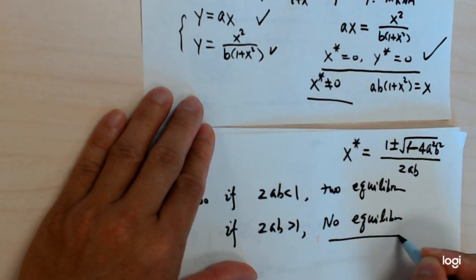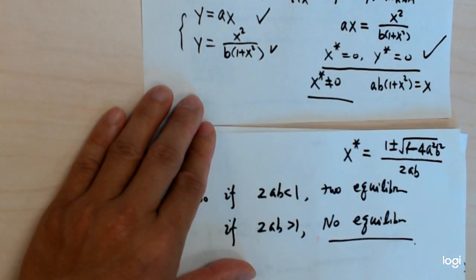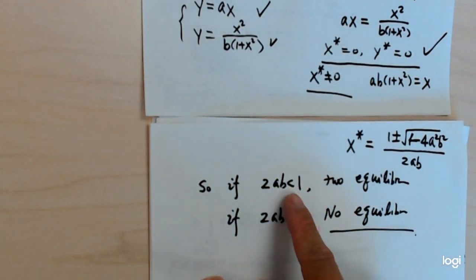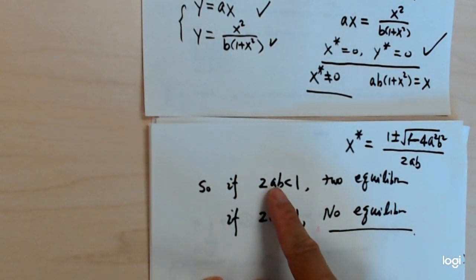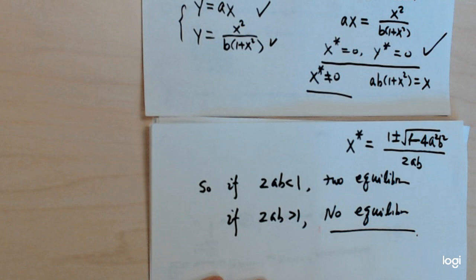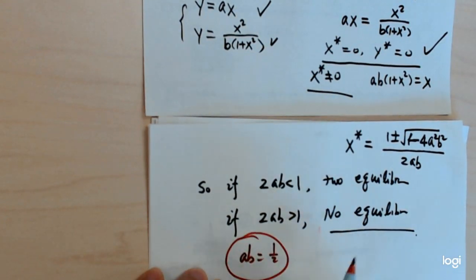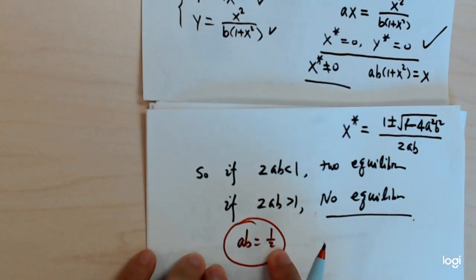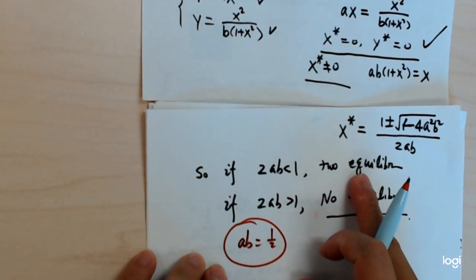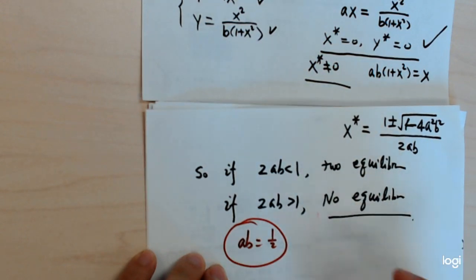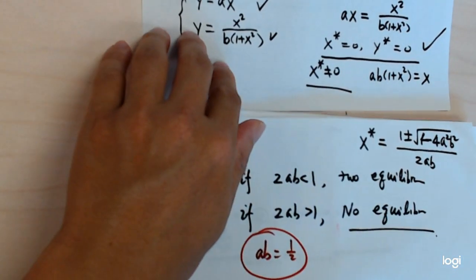No more equilibriums. So if you look at this system, obviously the critical number is when ab is equal to 1/2. If this product crosses this threshold, the additional equilibriums will be destroyed. So that's why we call this a saddle node bifurcation.